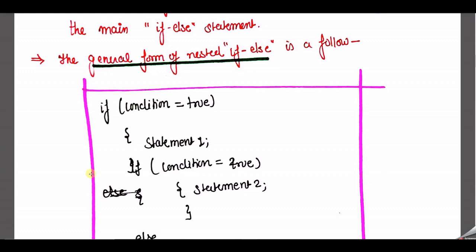For example, if you got 80% in the subject programming language C, then you get the... if you got 60 marks in programming C, then you need to give a makeup test. That means if your marks are less than 60, then what do you have to do?